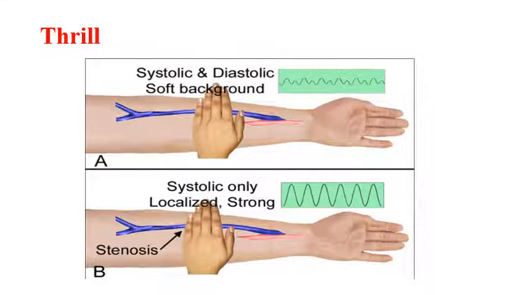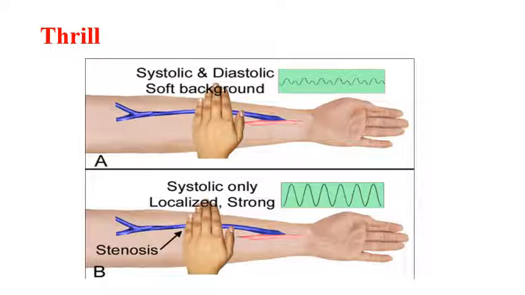To palpate for the thrill, you have to use the palm of your hand. You put the palm of the hand over the fistula, and all over the vein you can feel the thrill. This thrill will be felt systolic and diastolic, and it's soft. Usually the thrill is like a vibration.